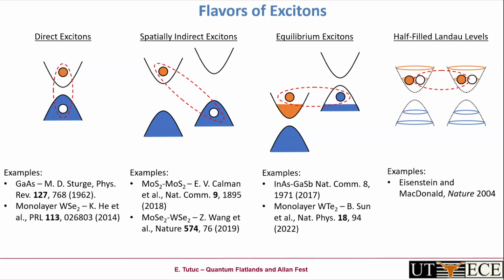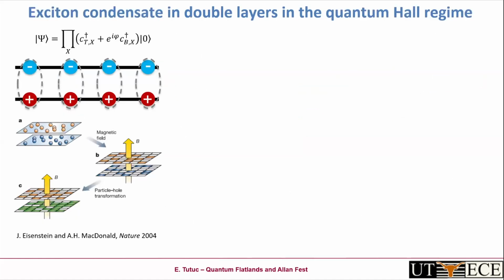In essence, either in zero magnetic field or in magnetic field, we take Landau levels and populate them such that they are half filled, and electron interaction would favor the pairing between particles and holes, and they should form the superfluid that can be probed through a variety of techniques. Those will be either tunneling or drag, or counterflow. All right, so this is the state that we would like to probe.